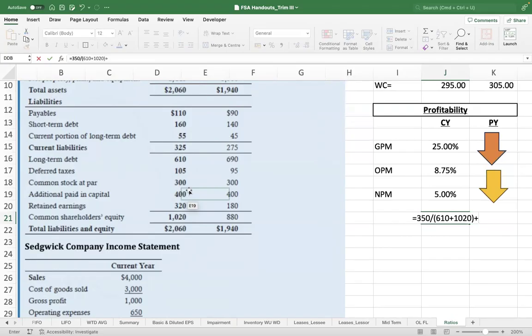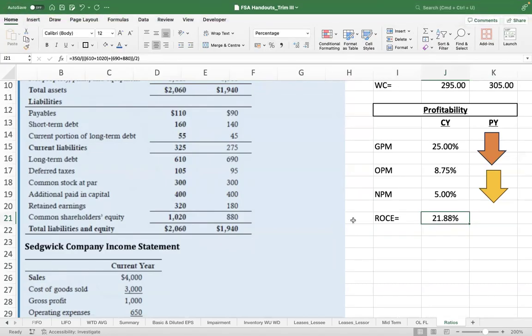This is for the current year, and previous year will be 690 plus 880. And this will be divided by 2, right? Average capital के लिए. Correct, no? Which comes to 21.875%. Now let's quickly see what the solution manual says for these.